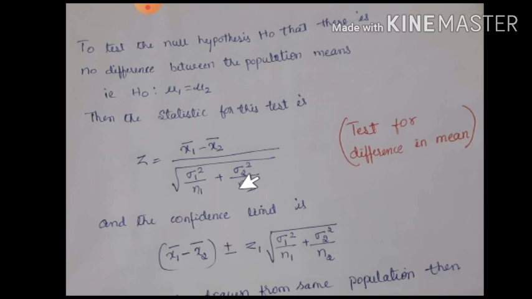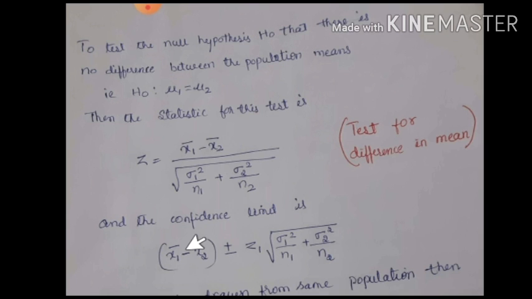So in the case of two different population means we are testing, under that condition, if we need to find between which interval the z value lies, then based on the confidence limit we calculate it with the formula. As previously we calculated the confidence interval limit when the probability of success is available, in the same way, when two different populations are given, the confidence interval limit is calculated.